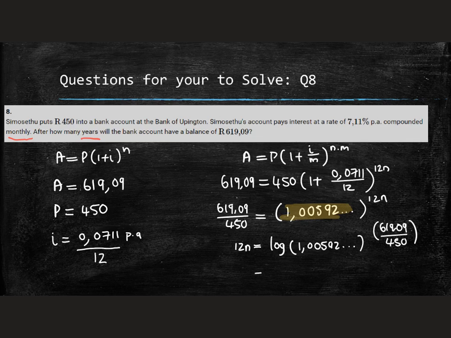And what we get when we solve this on the right hand side is 54, but we have to be careful and remind yourself that this is 54 months, because we still have the 12. If I take 54 months and I divide it by 12, 54 divided by 12 means that n equals 4.5. And now we are in years. And the question asks us how many years. So it's going to be 4.5 years. 4.5 years for this money to do what it needs to do.